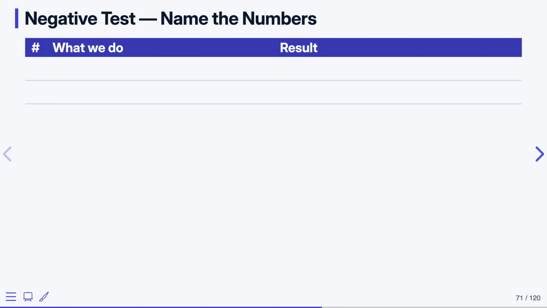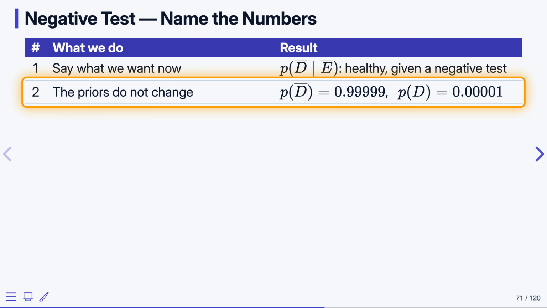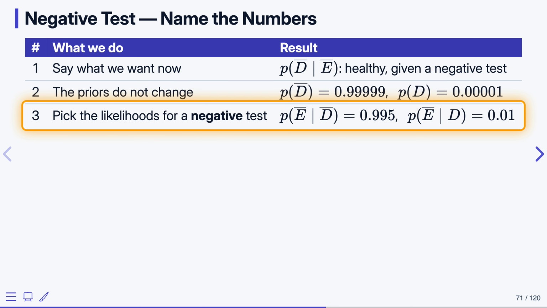Now the second question, for a negative test. Step 1. This time we want P of not D given not E, that is, the chance you are healthy given that the test came back negative. Step 2. The priors are the same as before. Almost everybody is healthy. Step 3. But now we need the likelihoods for a negative result.